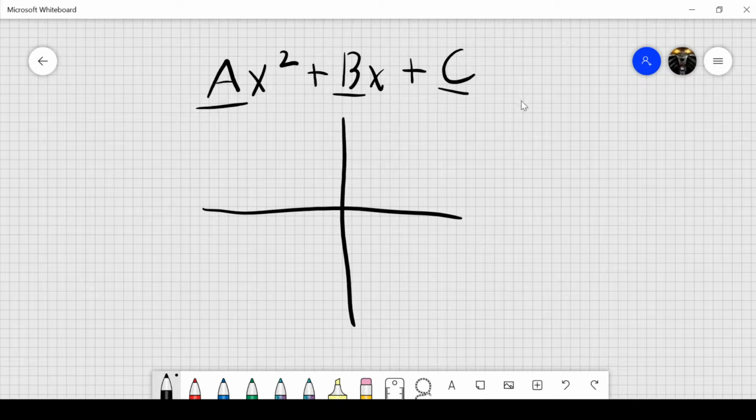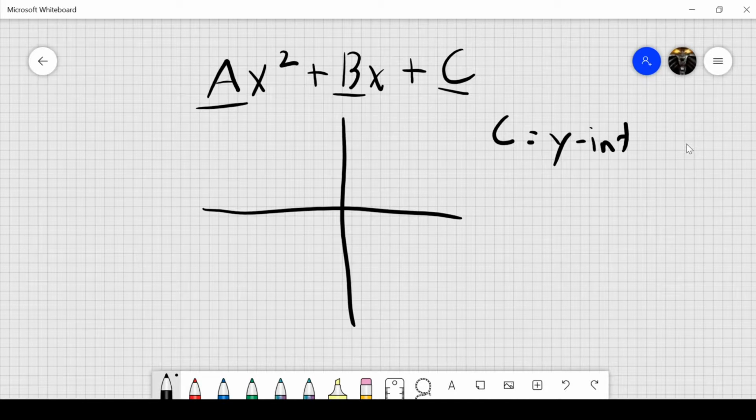Now, first thing we need to understand, C is our y-intercept. This is true for most of the functions that we do. A lone constant is going to be our y-intercept. That's just how it is. Now, this only applies when the function is fully worked out.